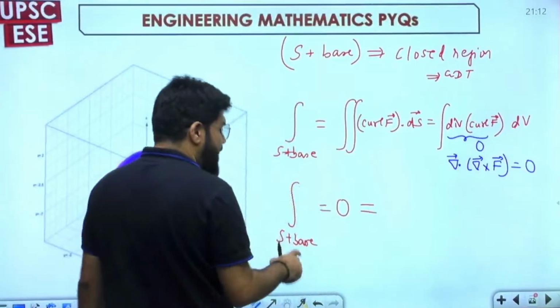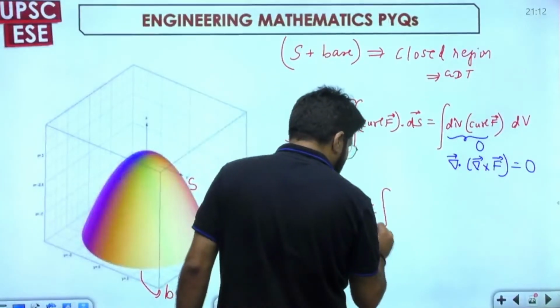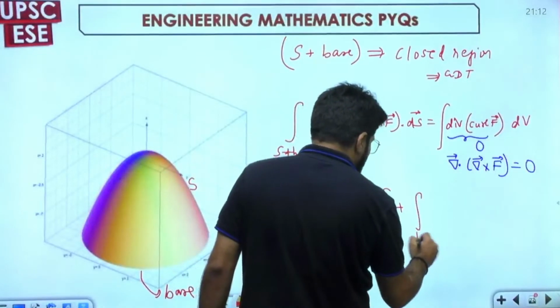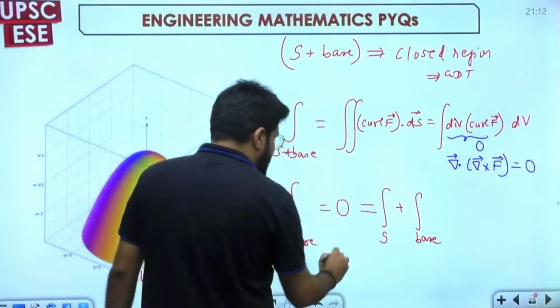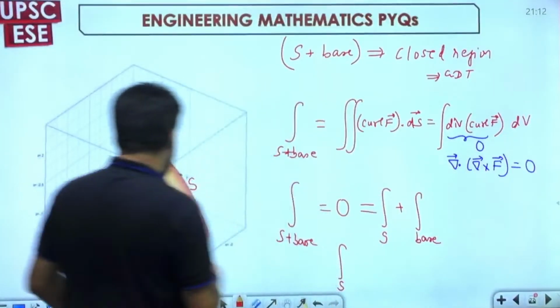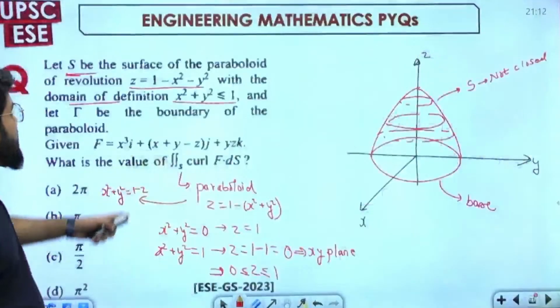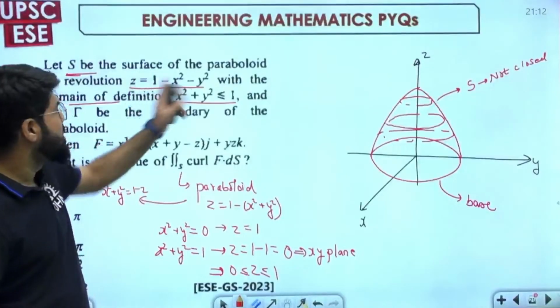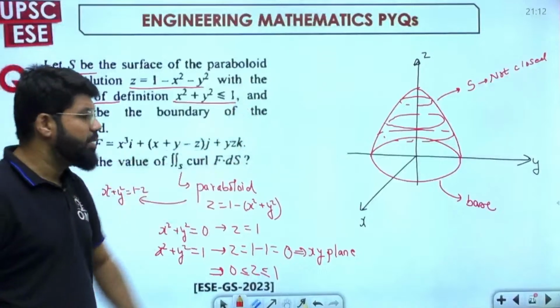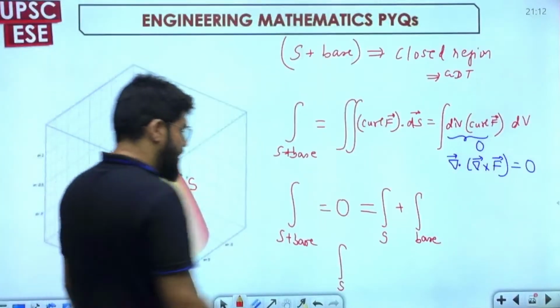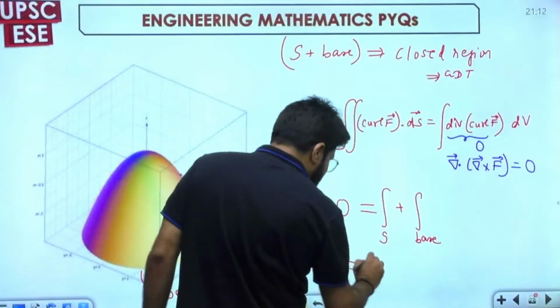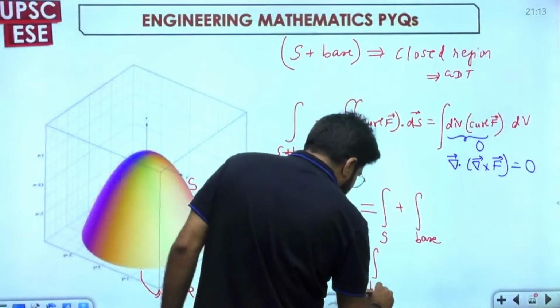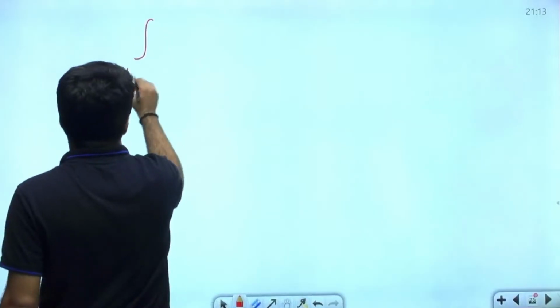This integral can then be split into two parts: the integral along the surface S and the integral along the base. If you directly solve the surface integral along the paraboloid, it is going to take a lot more time in calculation. So rather, the integral along the surface S is the negative of the integral along the base.